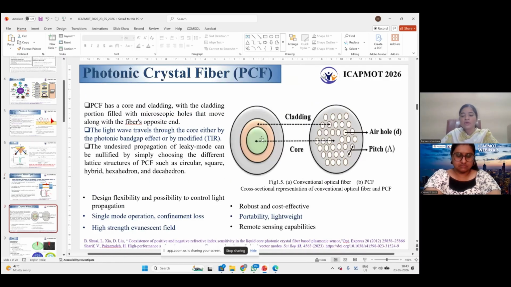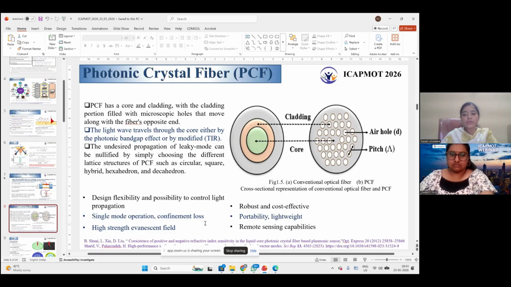This is called PCF, or photonic crystal fiber. Photonic crystal fiber is also a fiber, but it is an improved version of the conventional fiber. It has several advantages, like it offers design flexibility and the possibility to control the light propagation. It has single mode operation, low confinement loss, and a very high strength evanescent field.